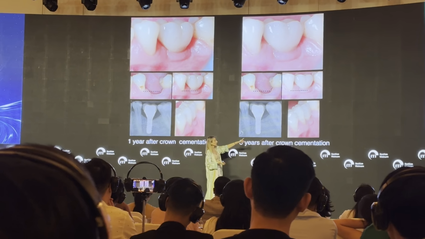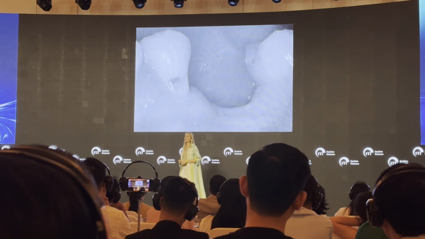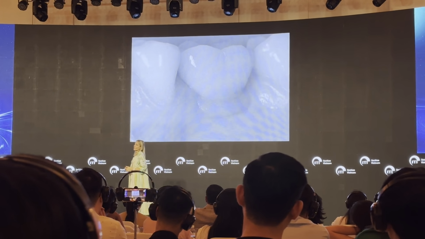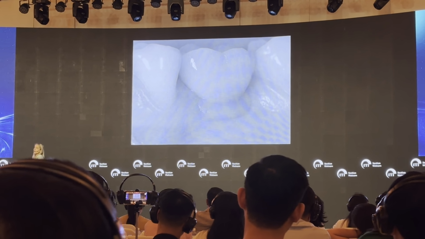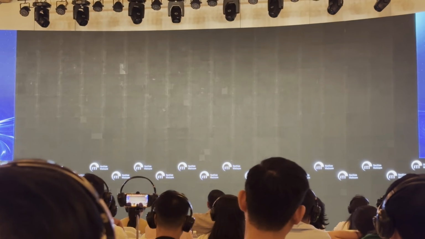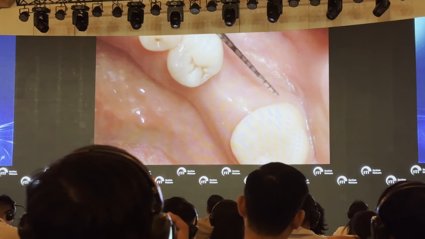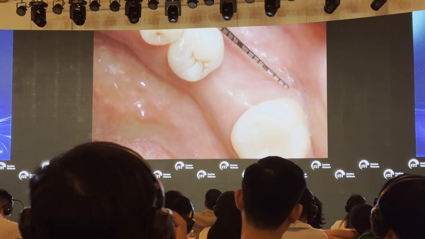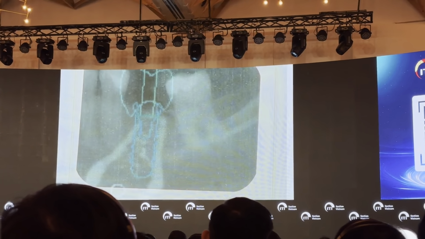And this is 3 years after the delivery of the final restoration. And this is the comparison between baseline and 3 years after loading. And this is the video of a similar case that shows you exactly these anatomical conditions, which are very frequent in the posterior area.